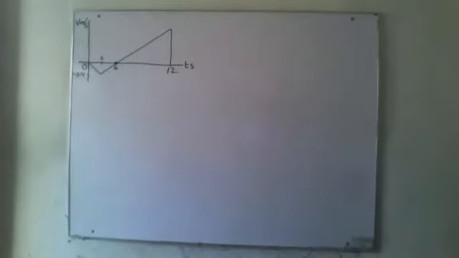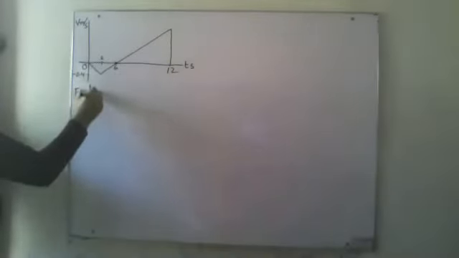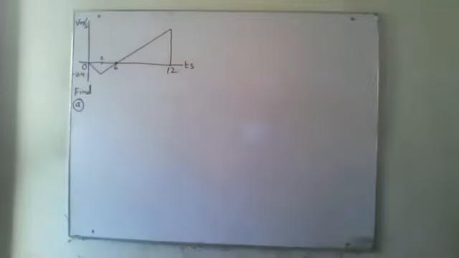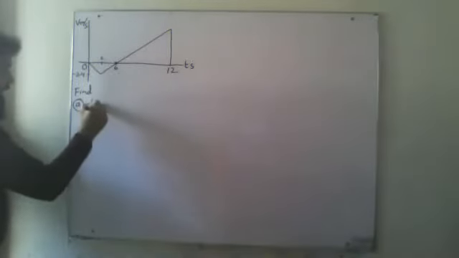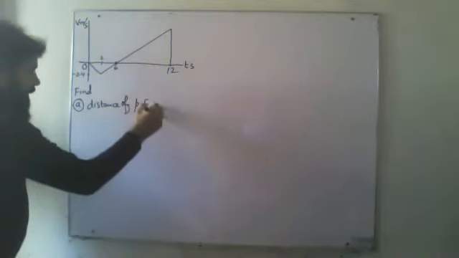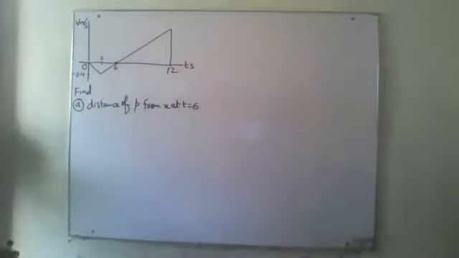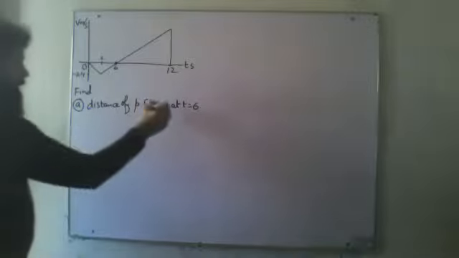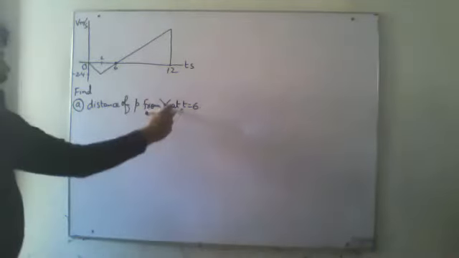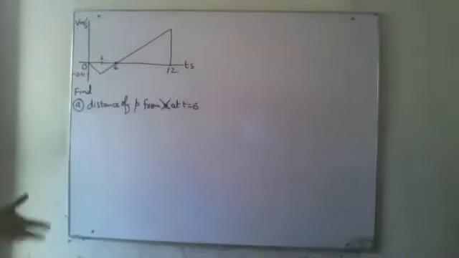Now, in part a, I have to find the distance of P from X at t equals 6. Till this point, how much distance was covered? I have to find that.